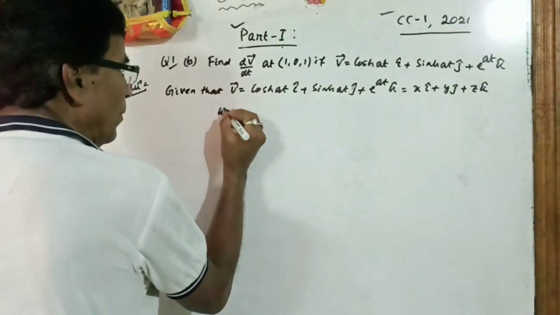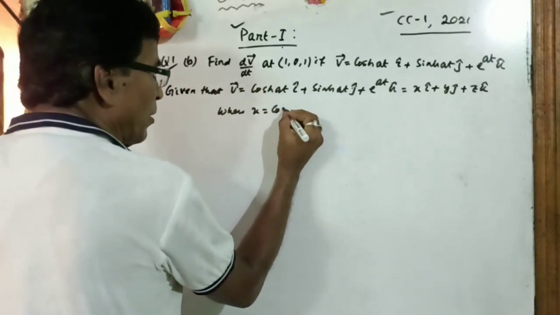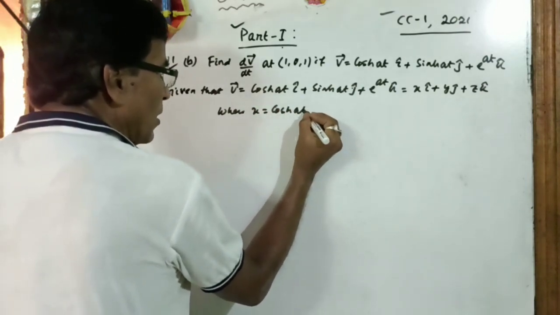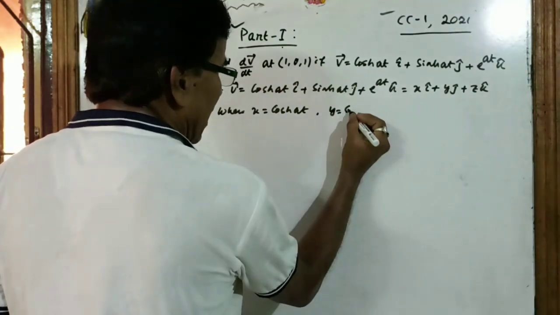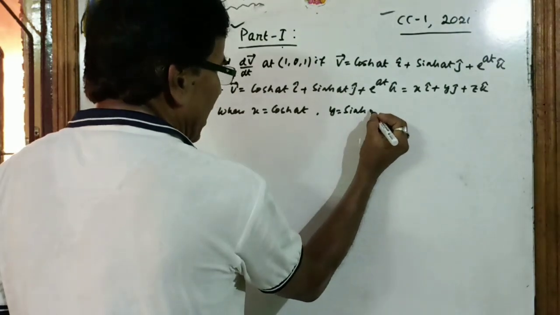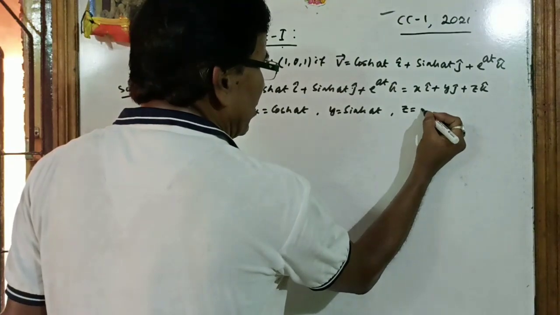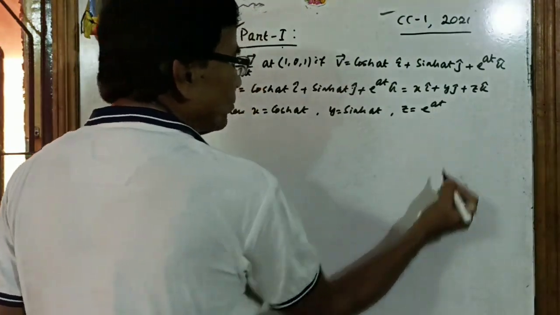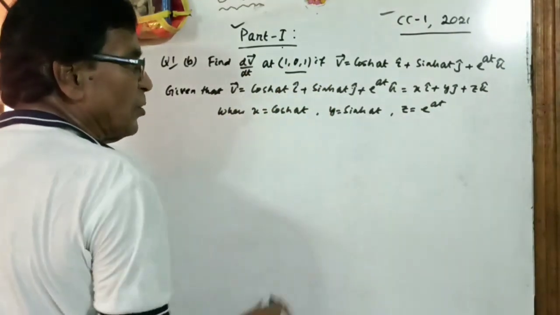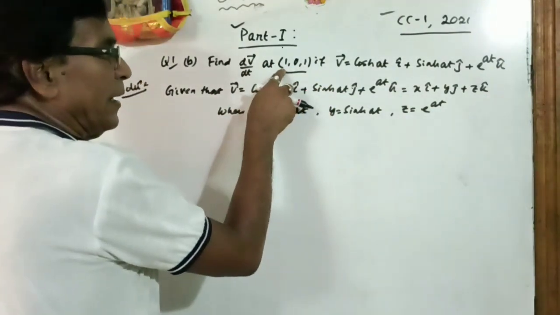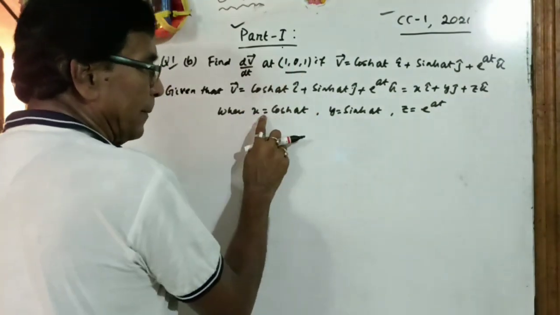So what is the value of x? x = cosh t, y = sinh t and z = e^t. So here we have to find dv by dt at the point (1, 0, 1). That means when x = 1, you find the corresponding value of t.